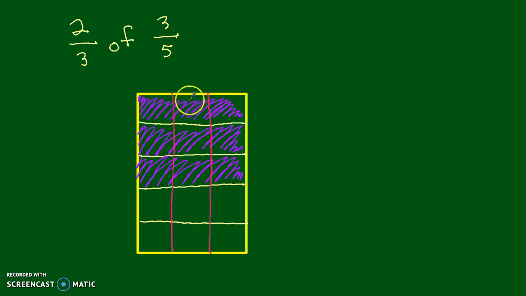When I shade in, I like to shade in the whole part. We wouldn't necessarily have to do that. We'd only really have to shade in the portion of the 3/5 because we're just finding the fraction of the 3/5. But I'm going to go ahead and shade in the whole amount.